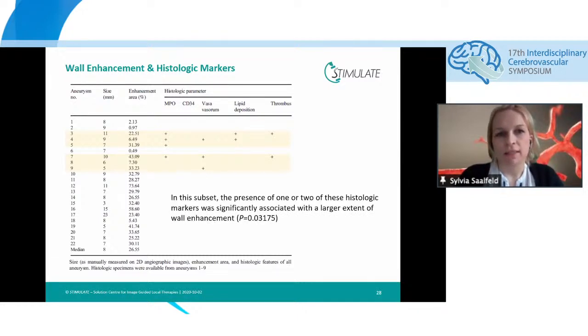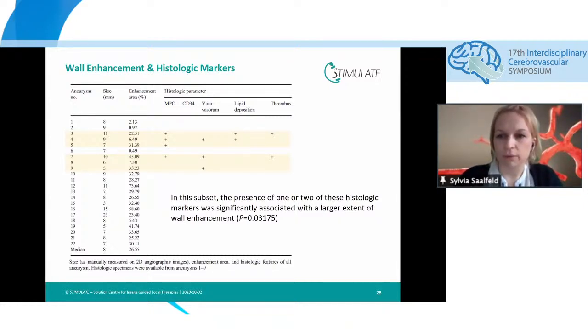So we only carried out a statistical analysis for this subset. But anyway, even for the subset, the presence of one or two of these histological markers was significantly associated with a larger extent of the enhancement area. Again, this is the percentaged enhancement area in relation to the whole aneurysm surface.